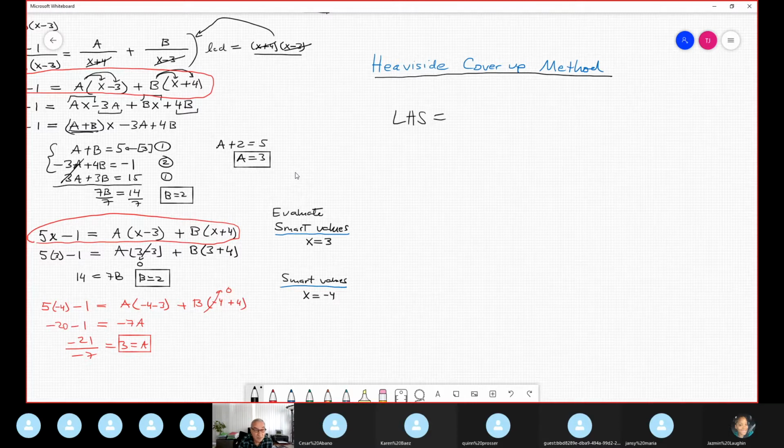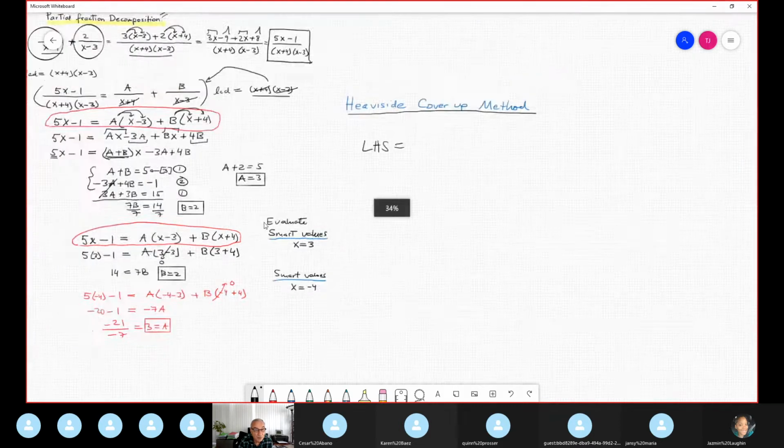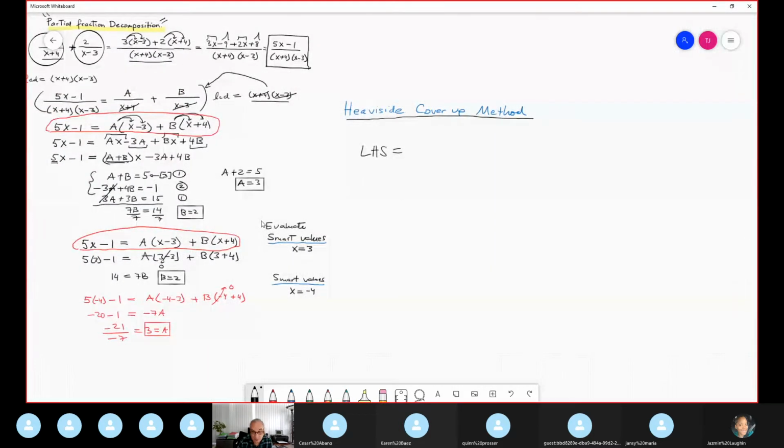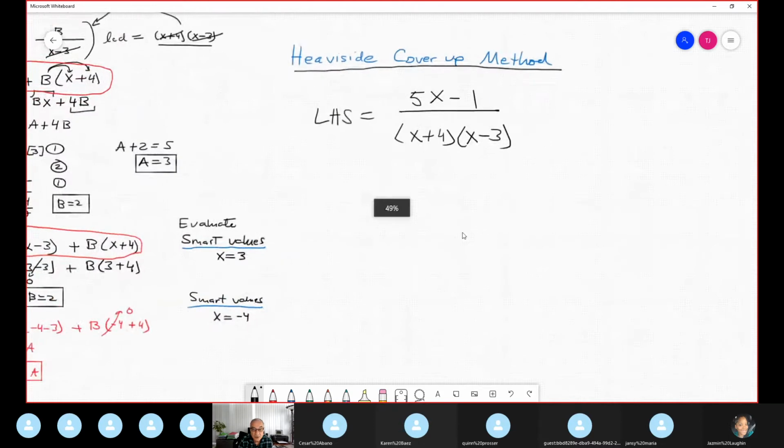The left-hand side in our original problem, forget the beginning, is only partial fraction decomposition. You take (5x minus 1) over (x plus 4)(x minus 3). Okay, I want to do the partial fraction decomposition of this left-hand side fraction.